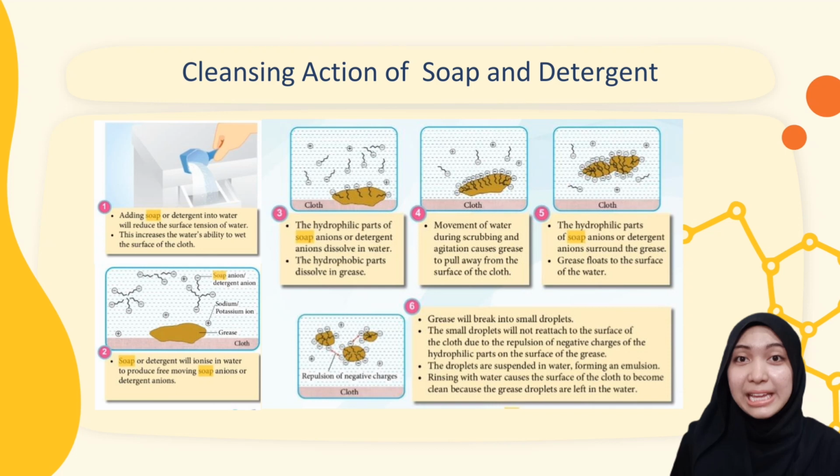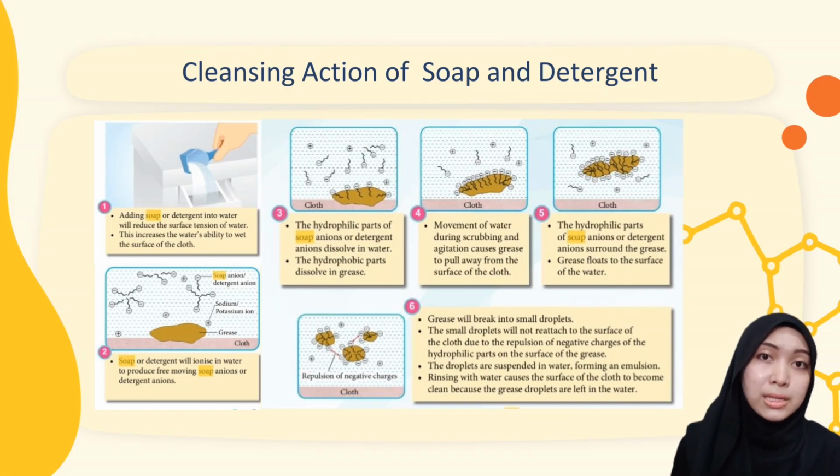Let's move to the cleansing action of soaps and detergents. First of all, adding soaps and detergents to water will reduce the surface tension of the water. This will increase the water's ability to wet the clothes, and soap or detergent will ionize in the water to produce free-moving anions.